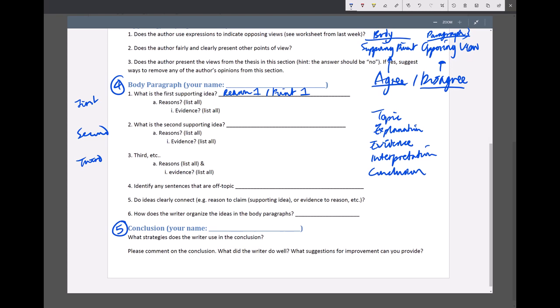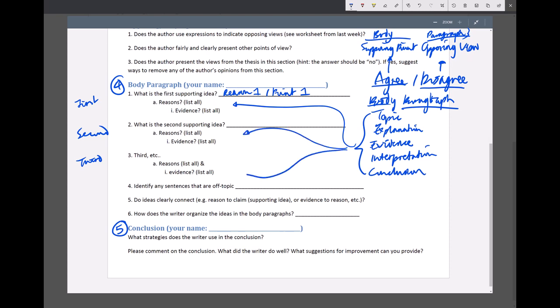So this is your body paragraph structure. So you do that for each reason or point based on your thesis statement, and that would be the majority, the bulk of your paper, your body paragraphs, and all of these points would support your thesis statement.